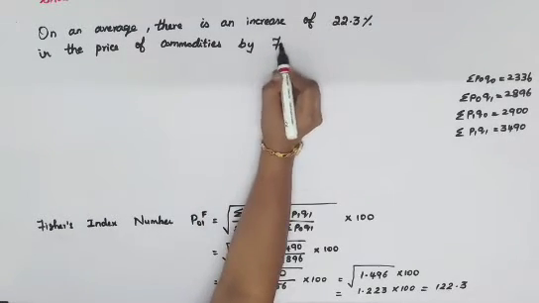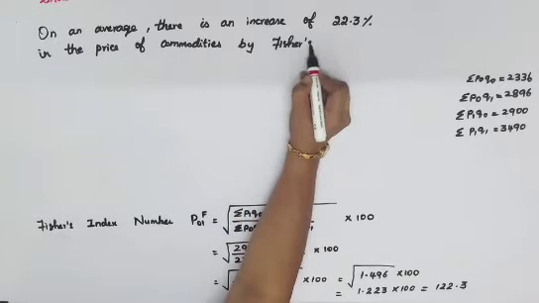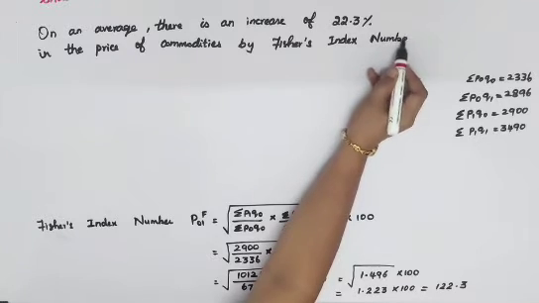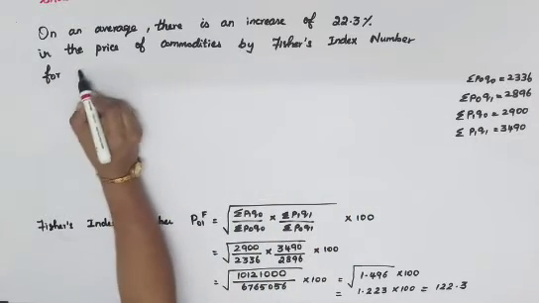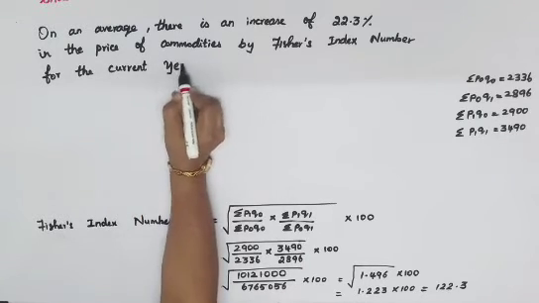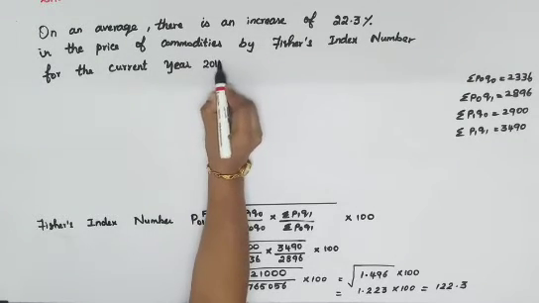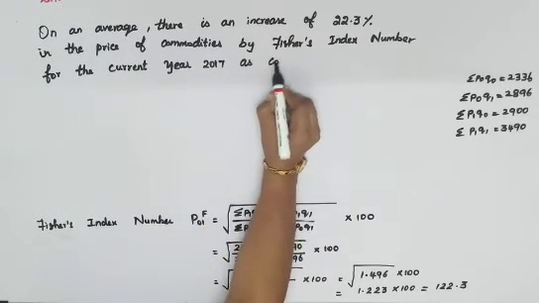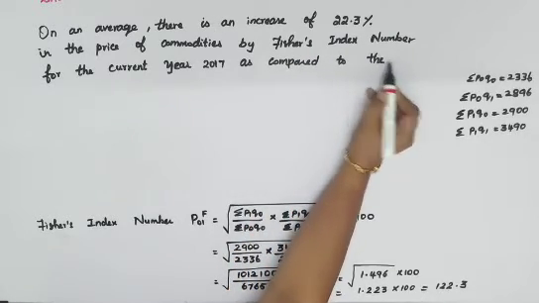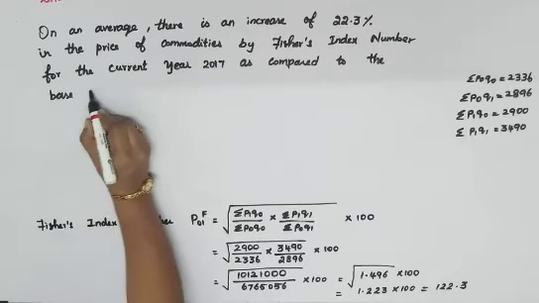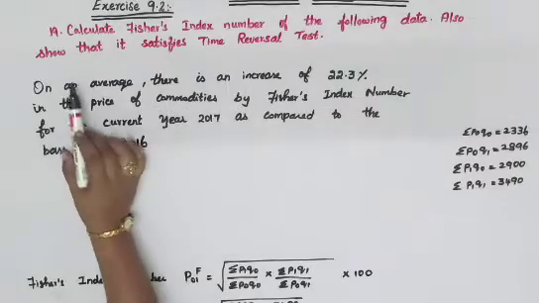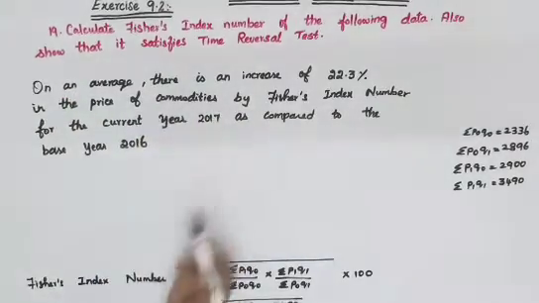They've asked you to find Fisher's index only. Okay, so Fisher's index number for the current year (2017) as compared to the base year 2016.